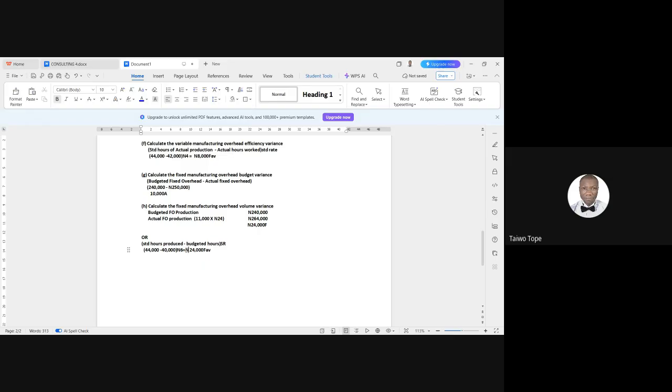But when an organization produces above planned, we have a favorable variance, which will count well for the organization. So this fixed manufacturing overhead volume variance often occurs because actual production differs from what? The budgeted level of activity.